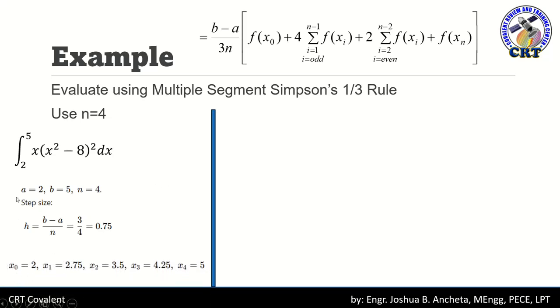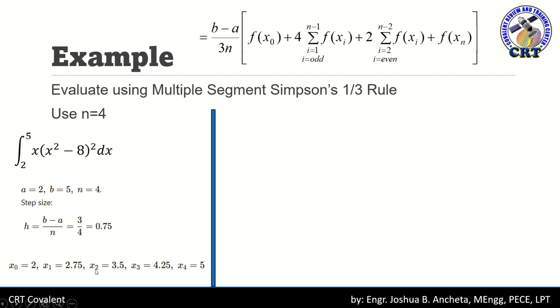Our lower limit, that is our x sub 0 from the formula, is equivalent to 2. Then x1 is 2.75. Why 2.75? That is our step size. From the lower limit plus 0.75, we have x1 equals 2.75.